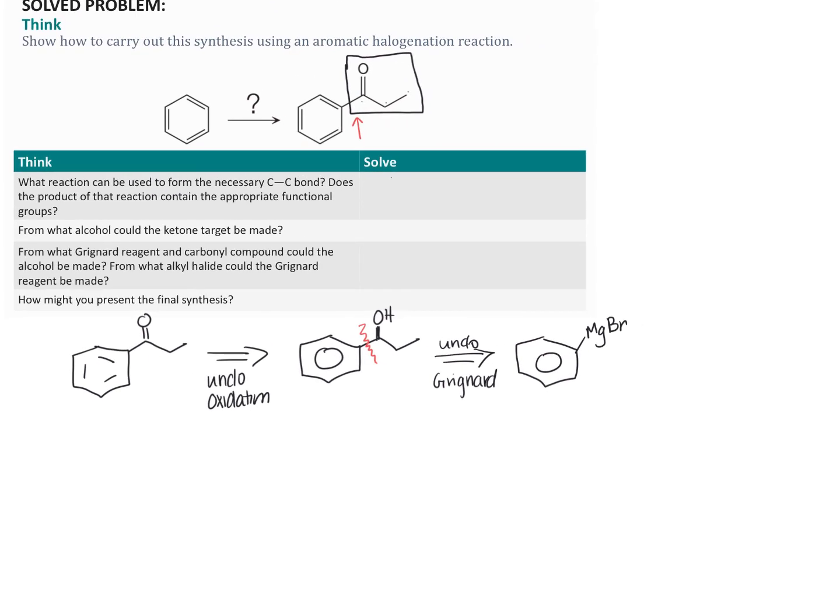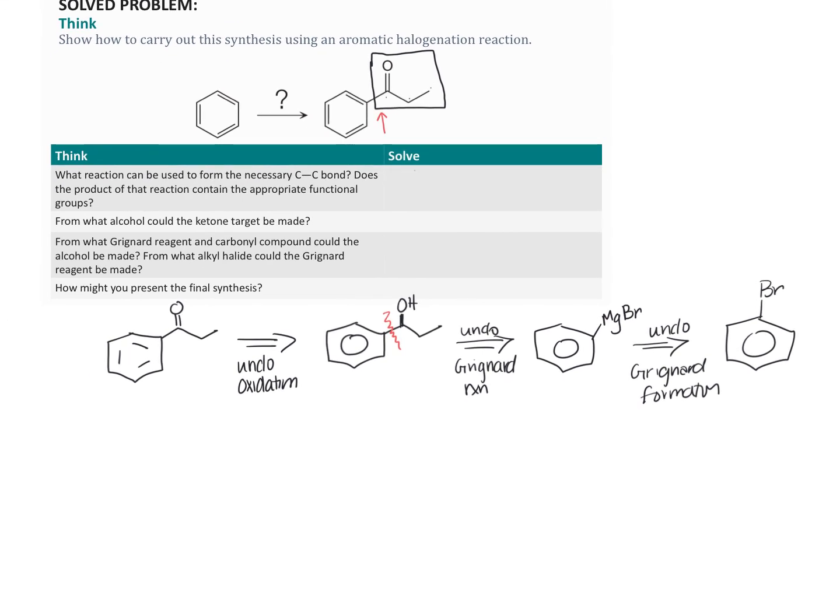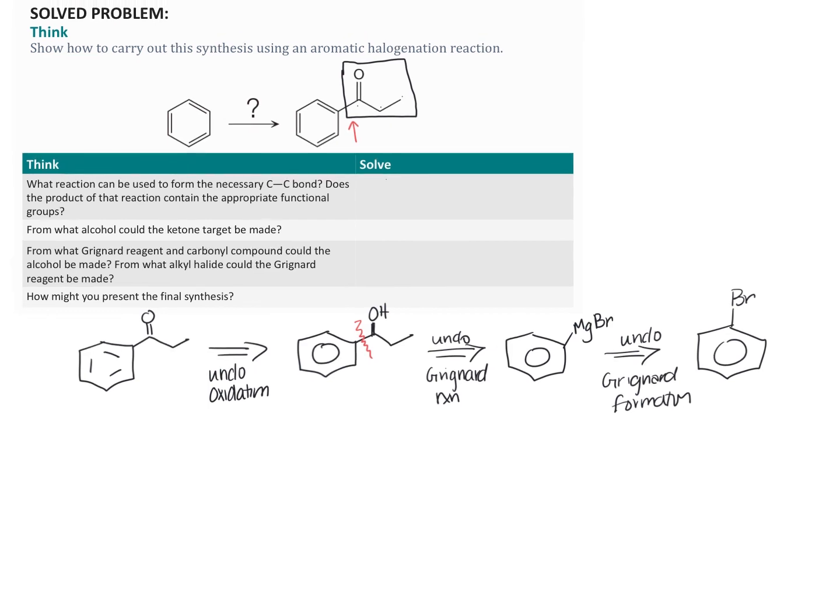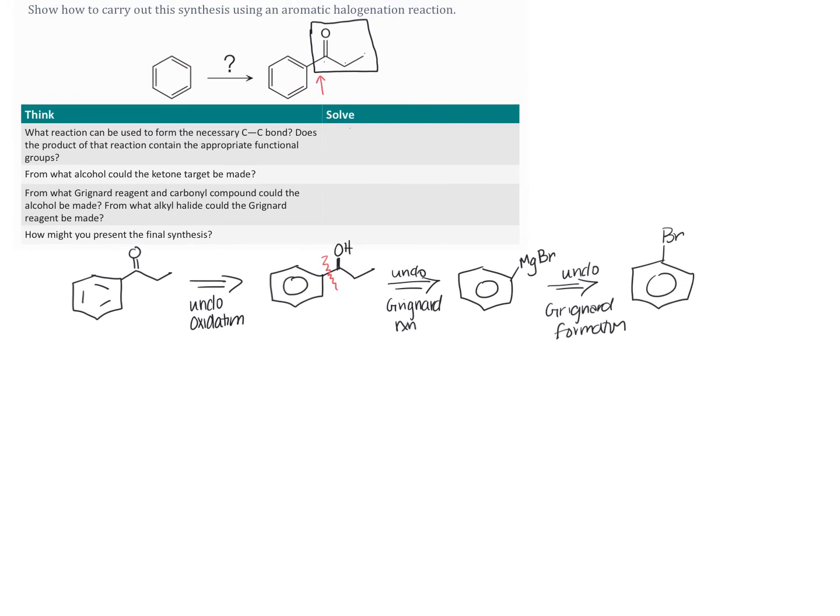And then we're going to undo a Grignard formation, to give us this. And then that goes all the way back, where we undo a bromination, and now we're at benzene.